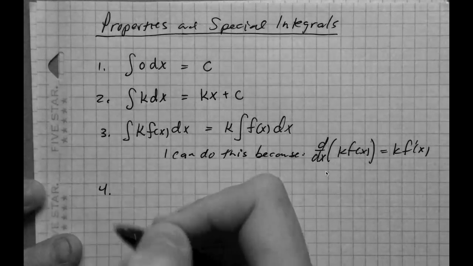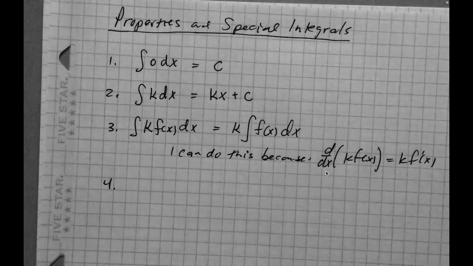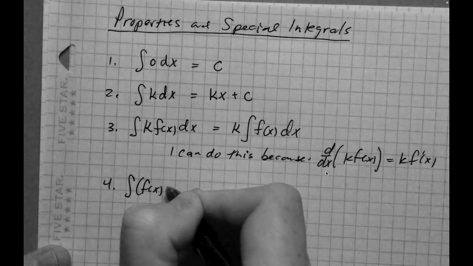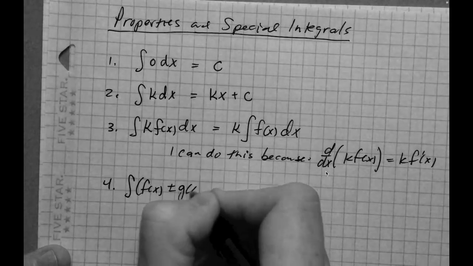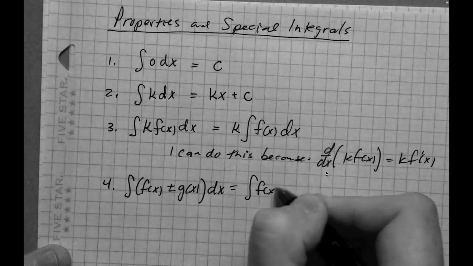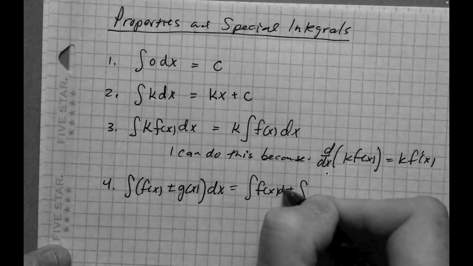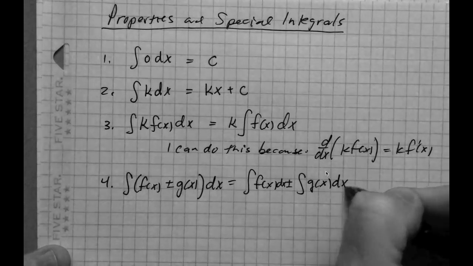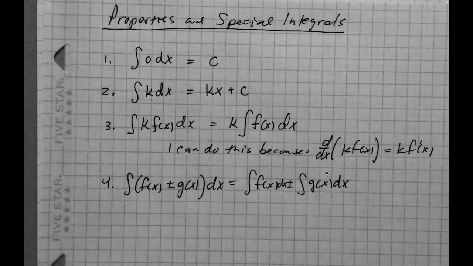Similarly, we can do the same thing with sums and differences. The integral of f of x plus or minus g of x is equal to the integral of f of x dx plus or minus the integral of g of x dx. This is a property that is true for derivatives, and integration and differentiation being inverse operations, integrals inherit this from them.